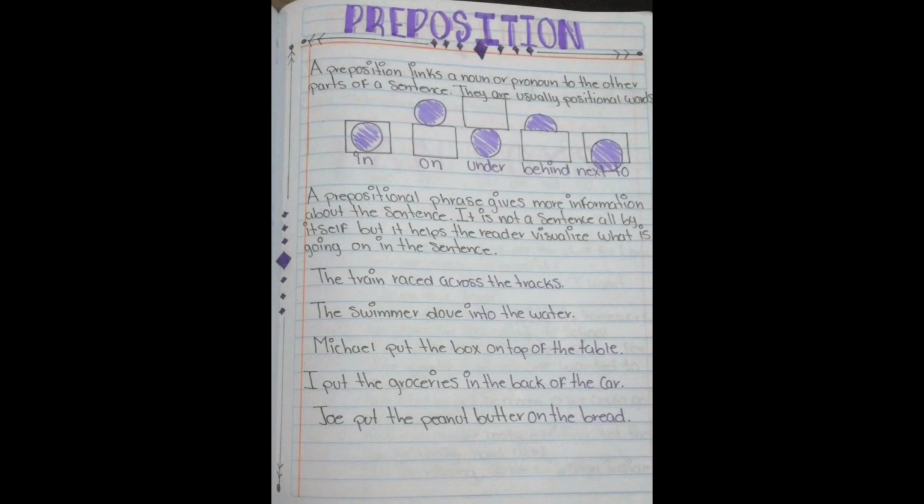It's not a sentence all by itself, but it helps the reader visualize what is going on in the sentences, as with: the train raced across the tracks, or the swimmer dove into the water. Michael put the box on the top of the table. Those are some examples about the preposition.